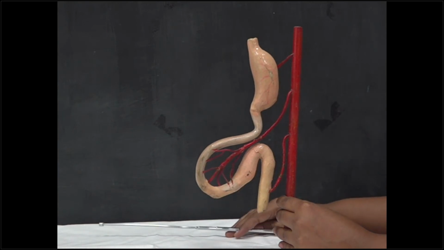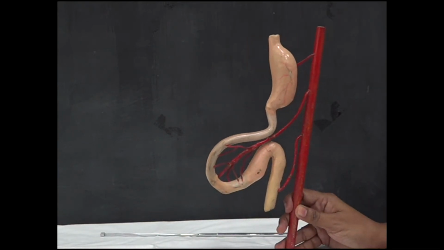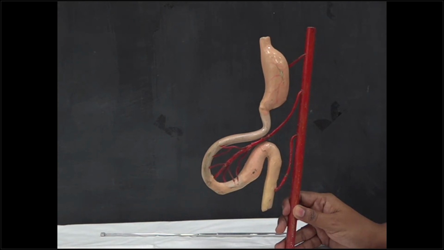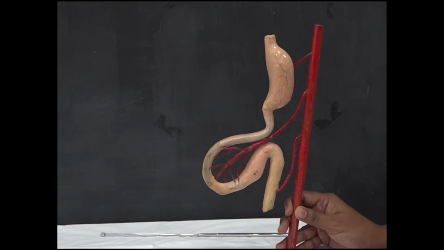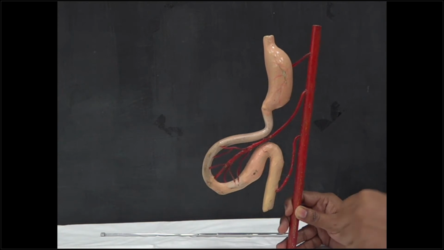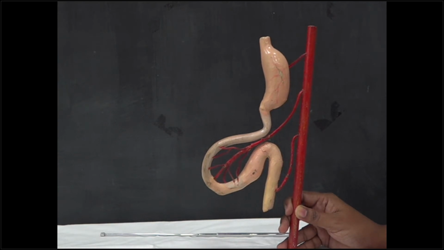From the midgut, what structures develop? Yes, correct. All these structures are developing: the respiratory system, stomach, liver, pancreas, and extrahepatic biliary apparatus develop from the foregut. And from the midgut, the lower part of the duodenum, that is from the opening of the bile duct, the junction at the middle of the second part of the duodenum.